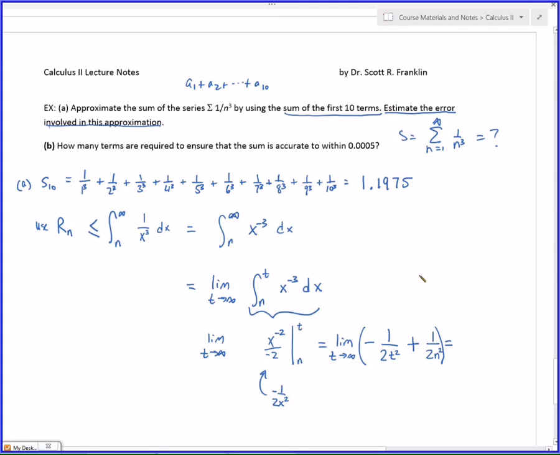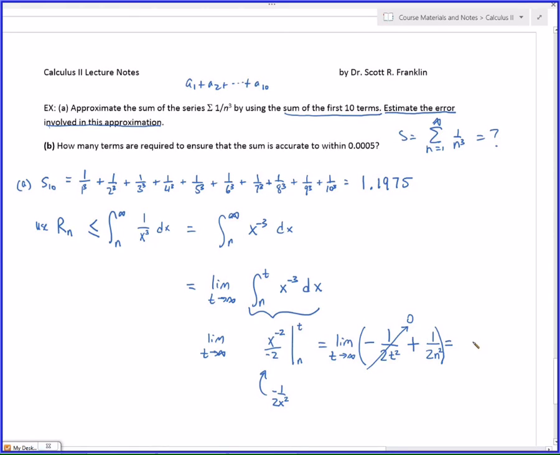Now, what variable am I taking the limit with respect to? T. So this one depends on the t. What happens to this as t gets big? Goes to 0. Now this one doesn't depend on t. So don't get fooled and think it goes to 0 because there's an n squared on the bottom. This is fixed, right? You're only taking the limit as t goes to infinity.